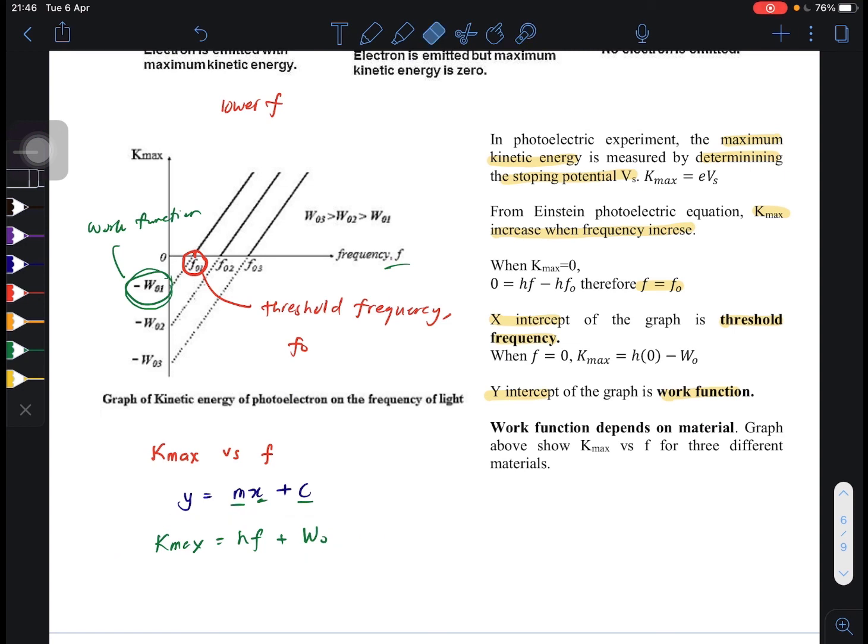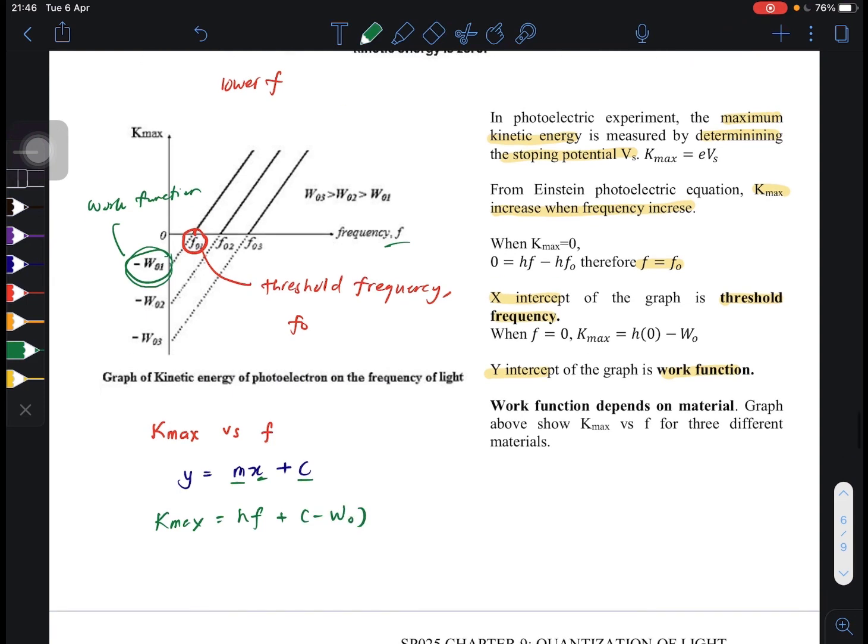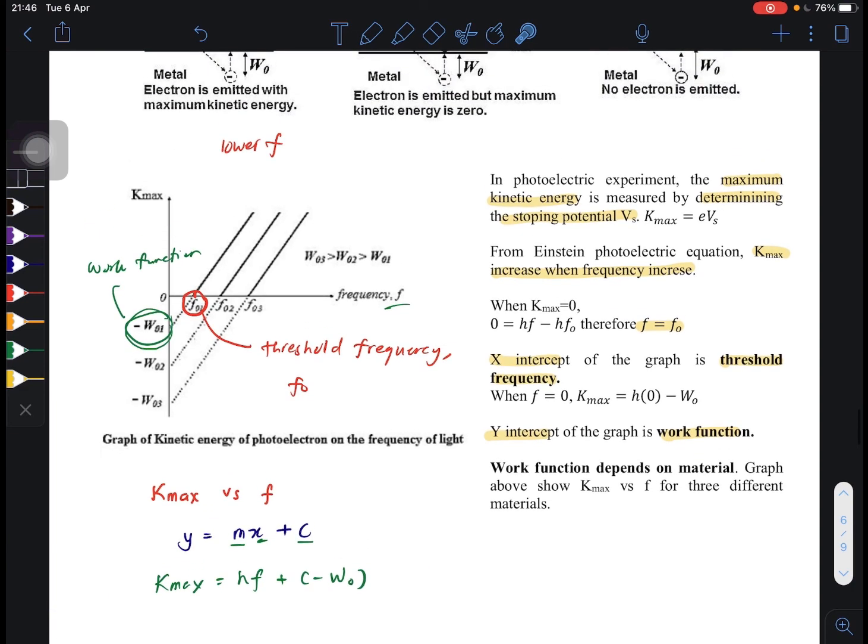So this one work function dia adalah negative kan, sebab dia dekat bawah. So basically this is the Einstein equation that I have already explained before.